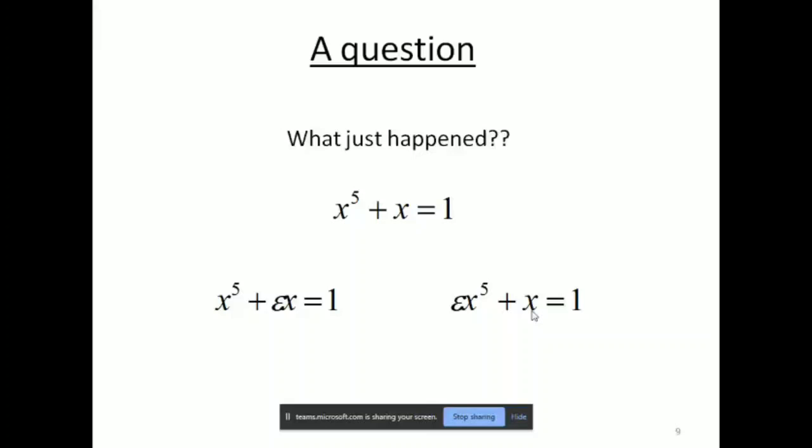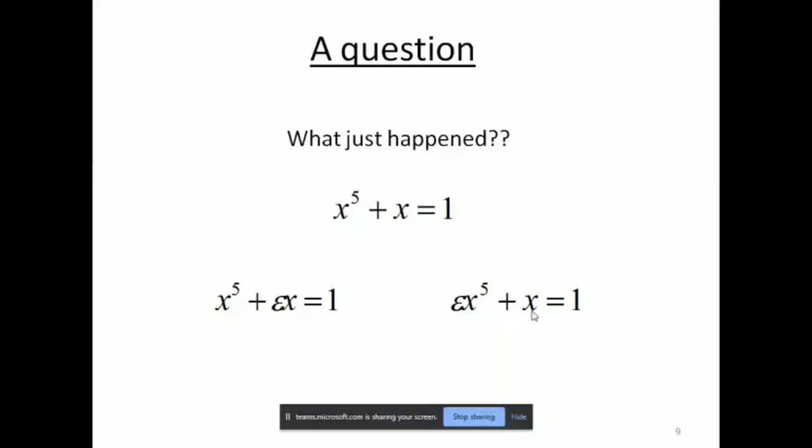So the thing is, when we put the epsilon near x, and when we tune the epsilon from 0 to 1, we see that the number of roots of the original equation remains the same. There were 5 roots for the hard problem. For every value of epsilon, we still preserve the number of roots, that is 5.